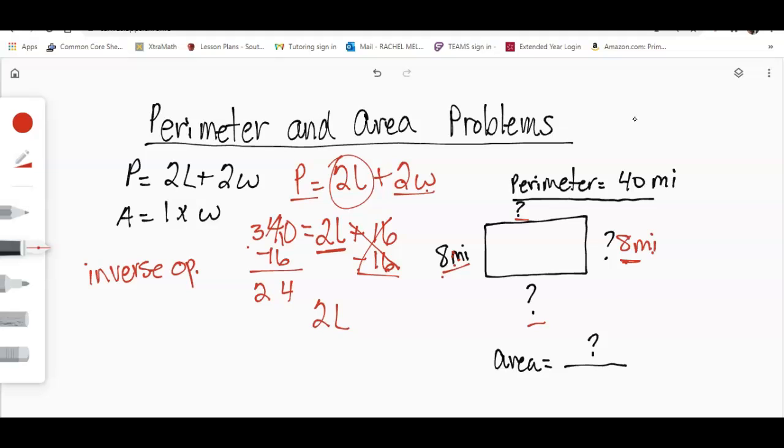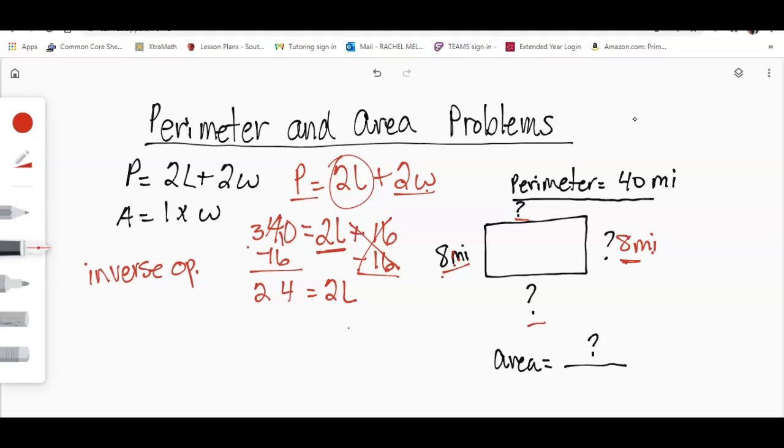So what that tells me, let me lift that up a little bit, is that 2 times my length, apparently I can't write L very well today, 2 times my length has to be 24.